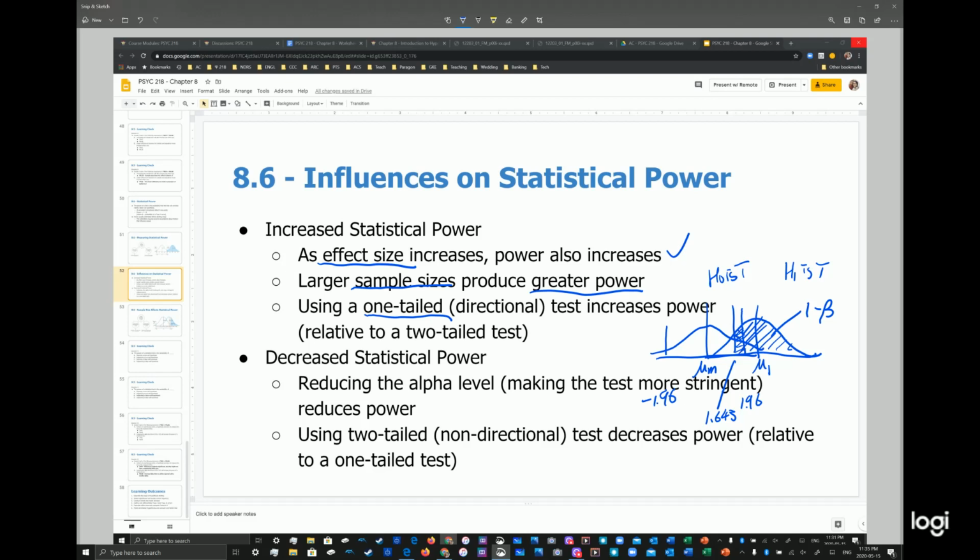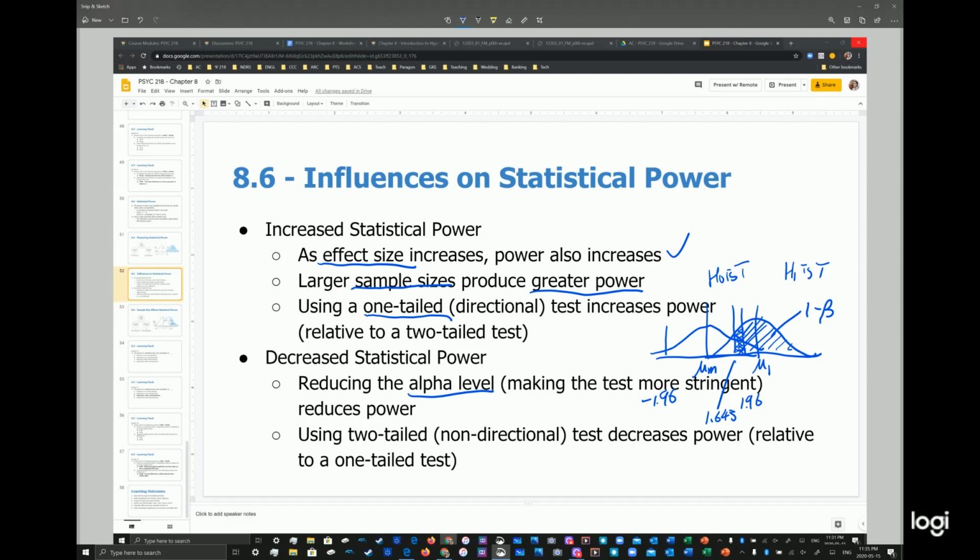So I'm going to double shade this part. So notice the difference. Again, the further to the left you set your critical value, that is you increase alpha, you're going to also increase power because your test is going to say there is a difference more of the time. Conversely, a way to decrease statistical power is to reduce the alpha level.